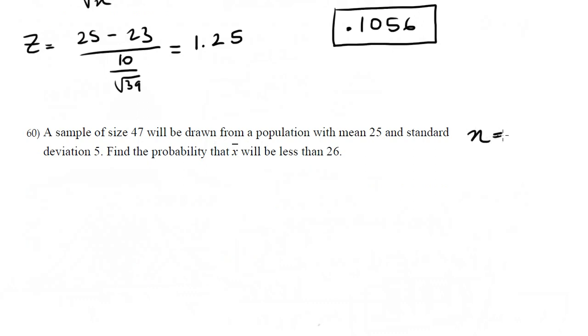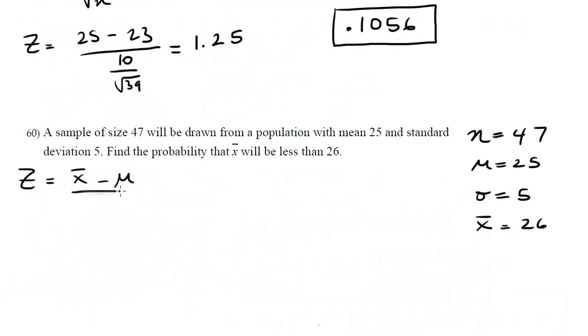Same for 60. Sample size is 47. Population mean is 25. Standard deviation is 5. Population standard deviation. The x bar we're interested in is 26. So z is x bar minus the mean divided by the standard deviation divided by the square root of n.